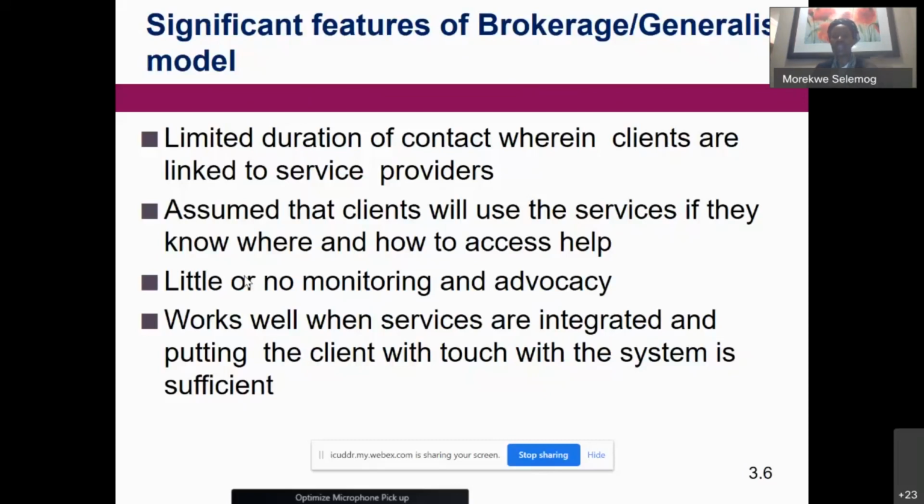And it is under the assumption that when you link the client with the service providers, these services are actually available in the community. Important is that as a case manager, when you link the client with the service providers, you are sure that they do exist.